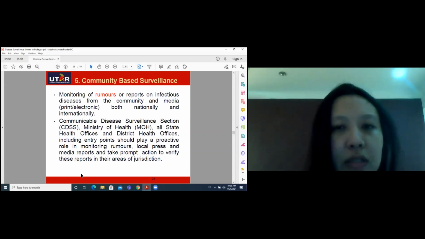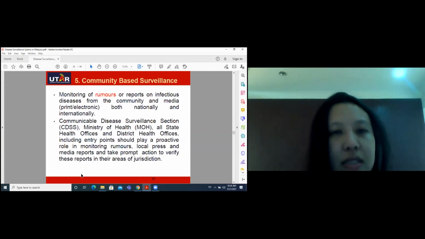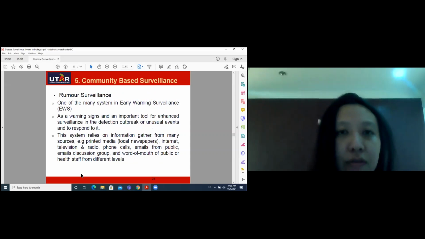So the Communicable Disease Surveillance Section, CDSS, Ministry of Health, and also all state health officers and district health officers, including all entry points, should play a very proactive role in monitoring these rumors, local press and media reports. And once they feel any rumors predict an outbreak, they will take prompt action to verify these reports in their areas of jurisdiction.